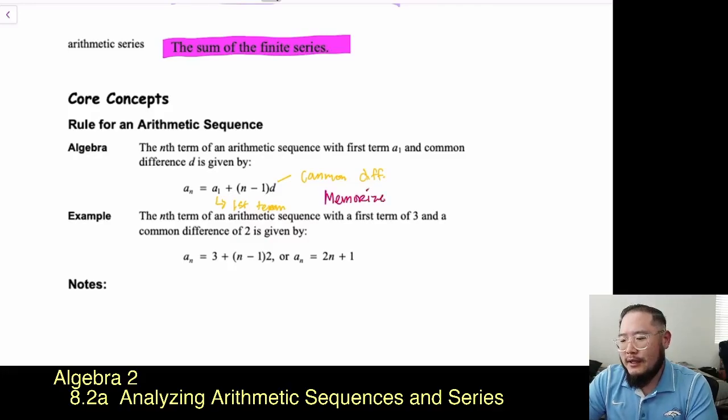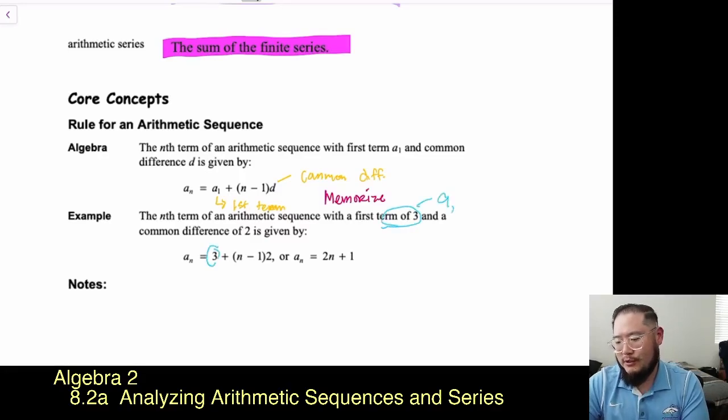If we take a look at the example given to us, in the arithmetic sequence, the first term is 3, so that represents a sub 1. A sub 1 is 3, substituted in there, plus parentheses n minus 1. Then you have 2, which is represented by your common difference, substituted in where the 2 is.